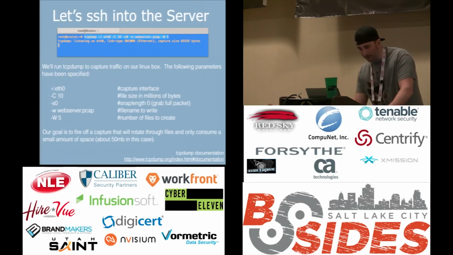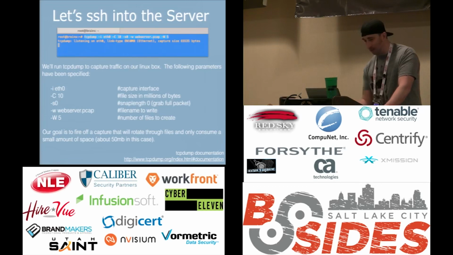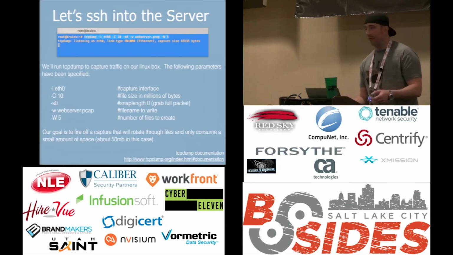So we're going to specify our interface. -C is going to specify the file size in millions of bytes, so roughly 10 megs, 10 million bytes. -s is going to specify the snap length of 0. Now the snap length is a parameter that says how much of the data to grab out of the packet. Most new versions of tcpdump will grab the whole packet by default.